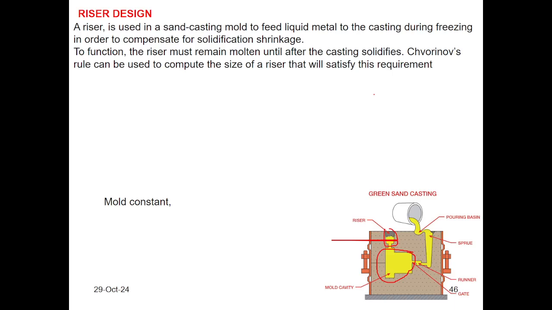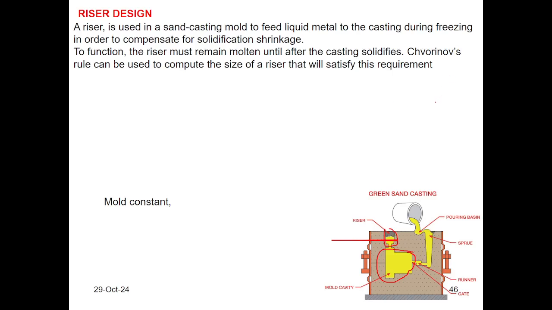For the riser and the mold cavity, the mold constant is the same because the mold constant is a function of the geometry of the mold, the energy level of the molten metal, and the conductivity of the materials. To have a different solidification time, the variable is not the mold constant. The variable is the volume to area ratio.